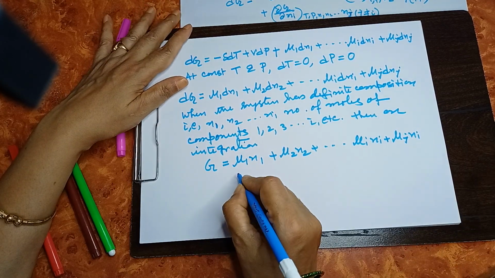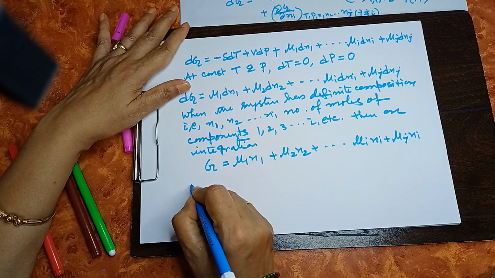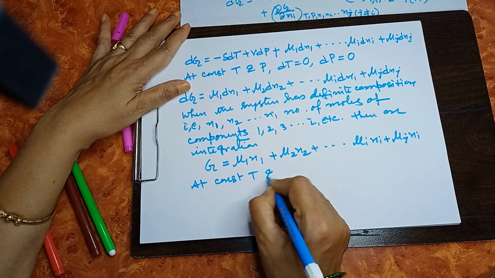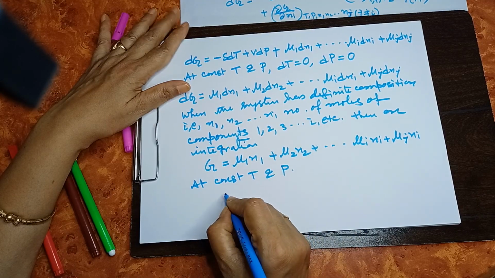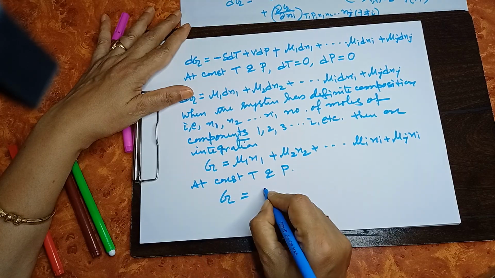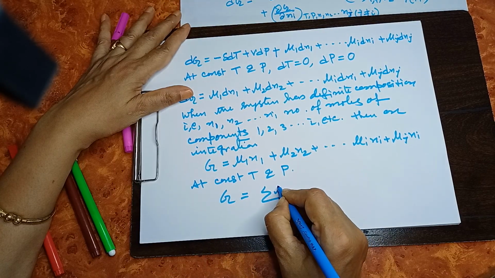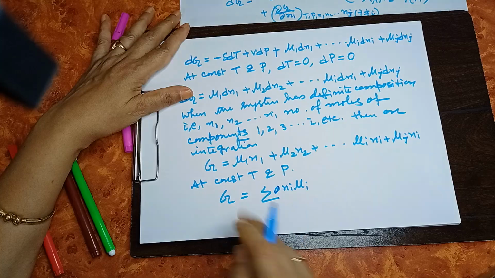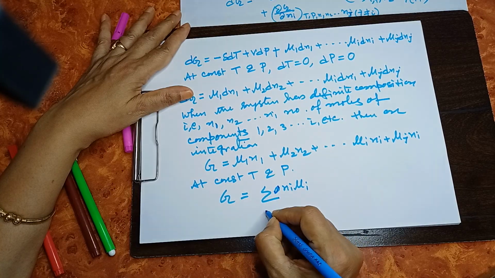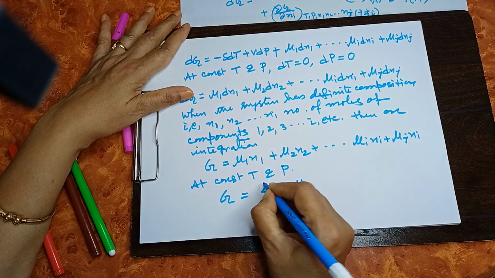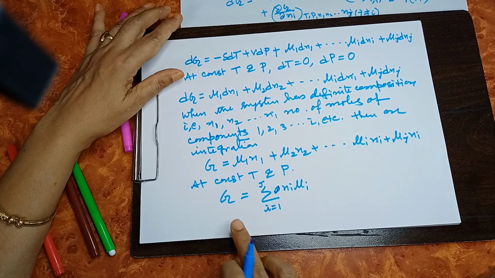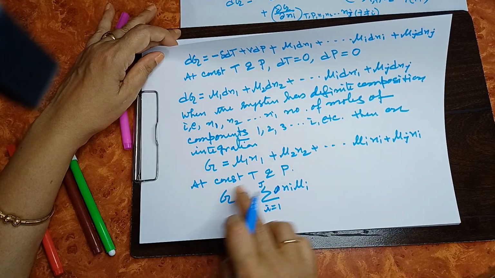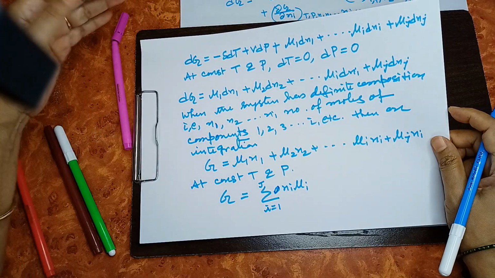That means G at constant temperature and pressure is equal to the summation of Ni mu i, N1 mu 1 plus N2 mu 2 like that, where i is equal to 1 to j. So this we got.